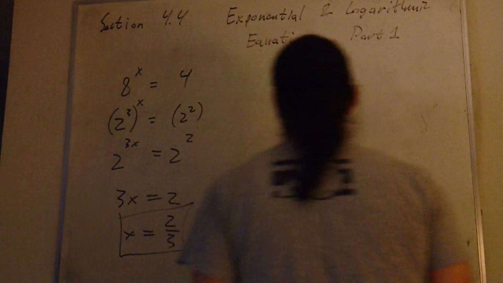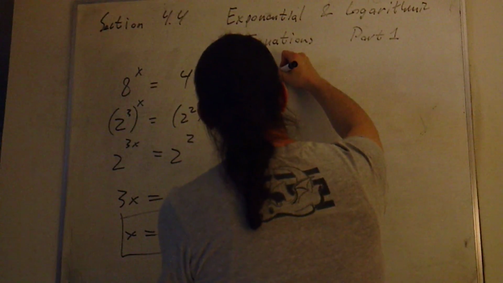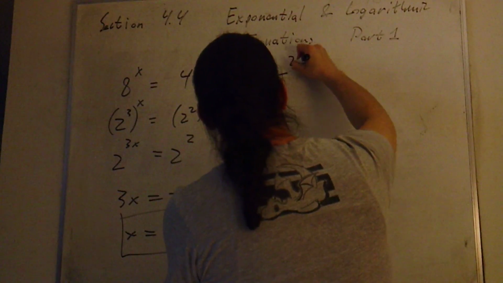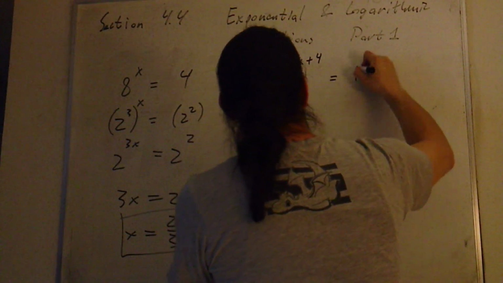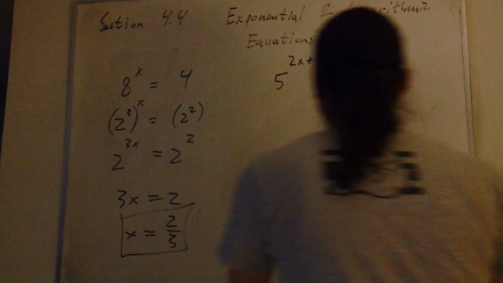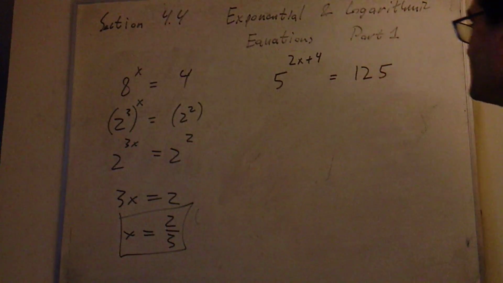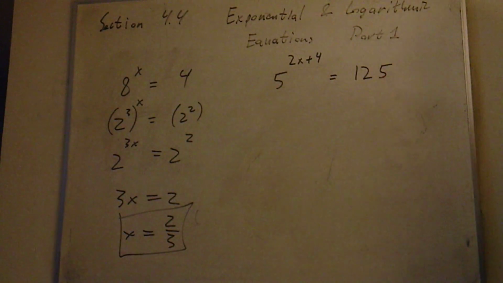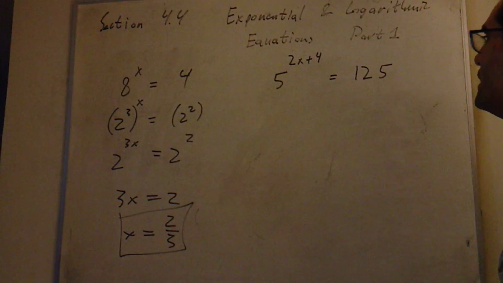A more exciting example might look something like this. 5 to the 2x plus 4 equals 125. This seems like a good one.